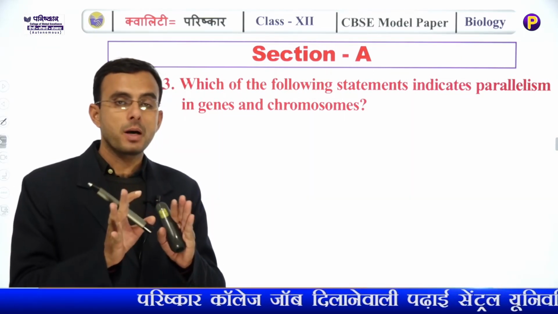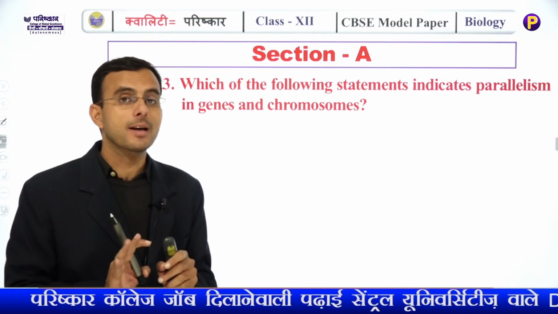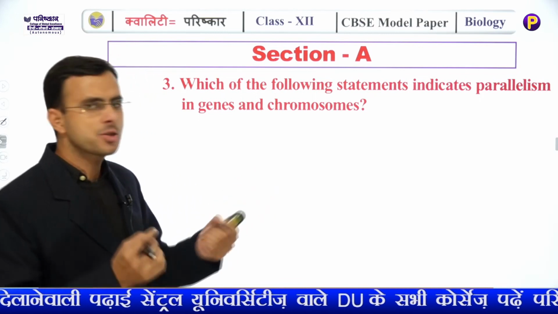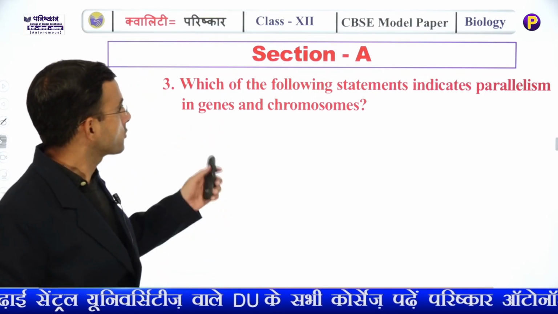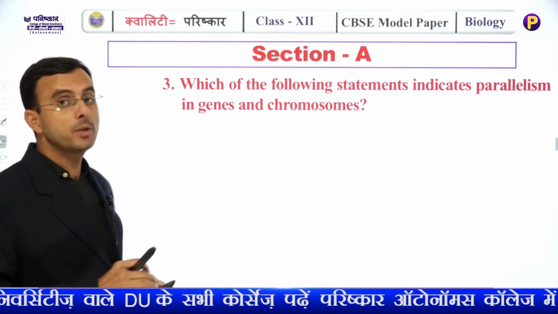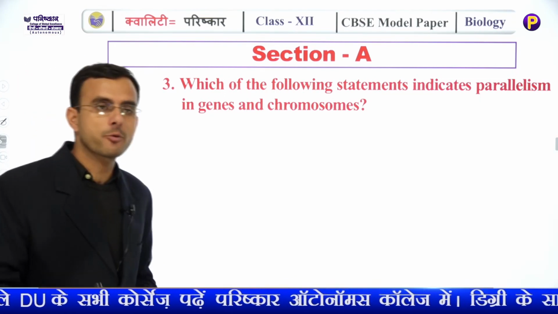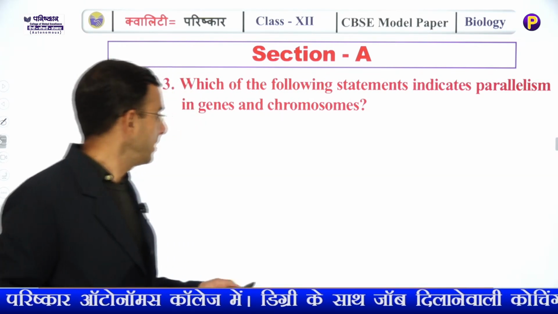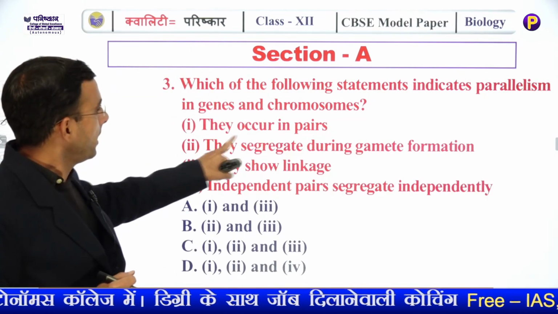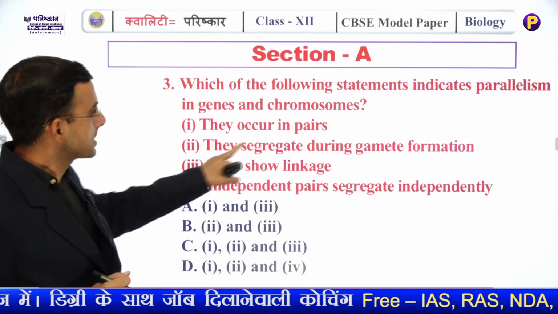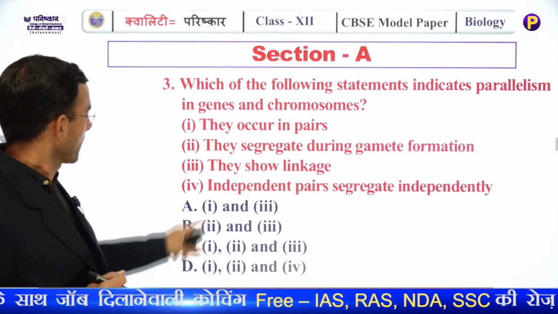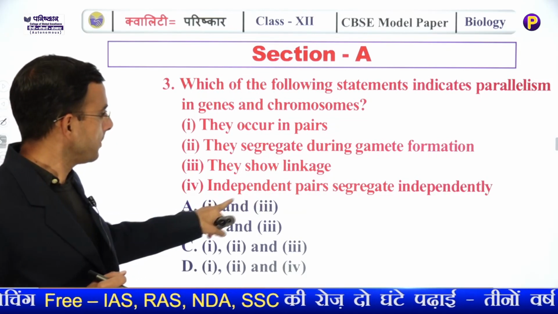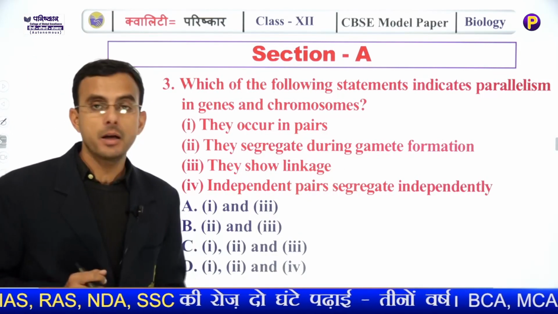Those parts which determine a particular character are located on the chromosome, and these sequences are known as genes. So what is that parallelism? Chromosomes are transmitted from one generation to the next, so how are these genes transmitted? They occur in pairs, they segregate during gamete formation, they show linkage, and they segregate independently.